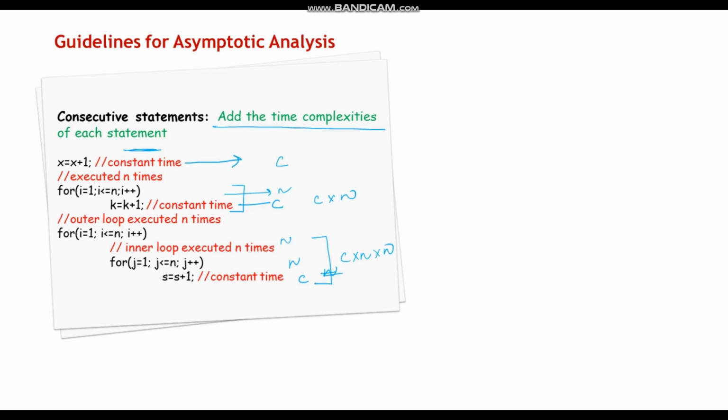For these three blocks, we add them up and get the total time as c0 plus c1n plus c2 n square, where c0, c1 and c2 are three different constants for the statements within the code snippet. Discarding the lower order and considering the higher order, we get the total time as O of n square.